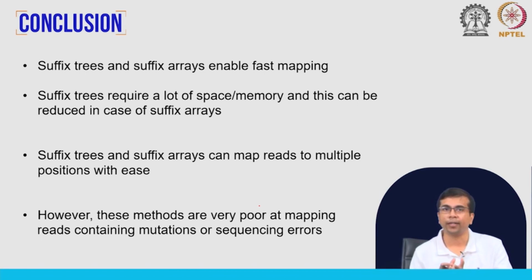That is the goal, and that is why we have not gone in this direction, where we adapt the suffix tree or suffix array based methods for mapping reads with mutations or sequencing errors. So in the next class, we will talk about certain methods that can do all of these, but with very low memory requirement. Thank you.